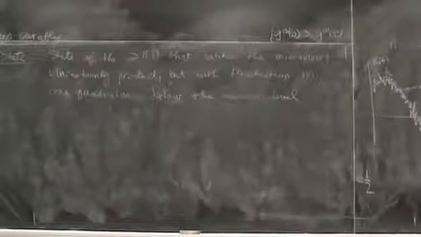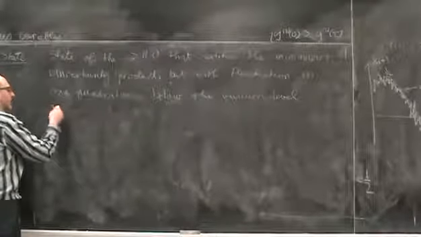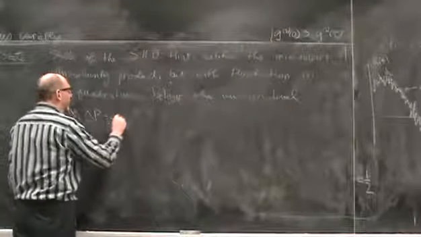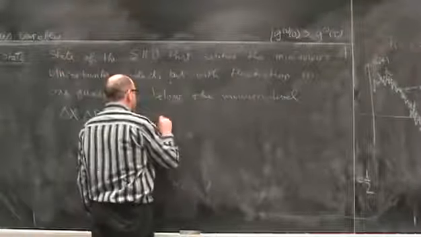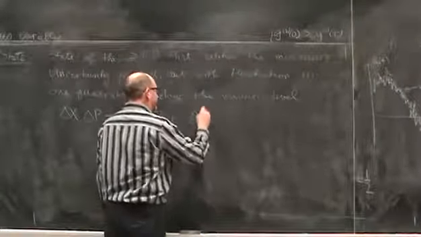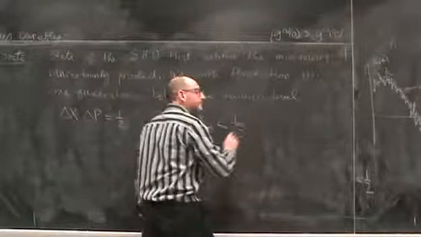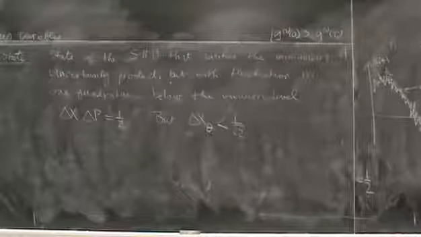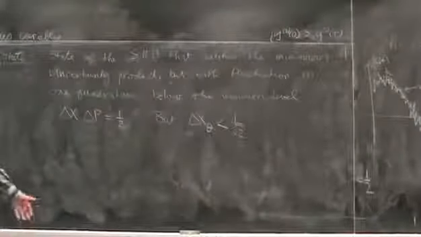Okay, so a squeezed state satisfies delta x delta p equals a half, but delta x theta for some theta is less than 1/2. I mean, you could say less than or equal to, if you want to call a coherent state a squeezed state with no squeezing, yeah.